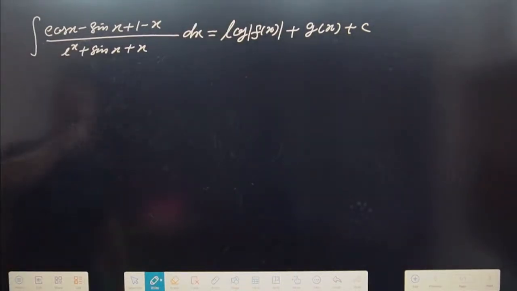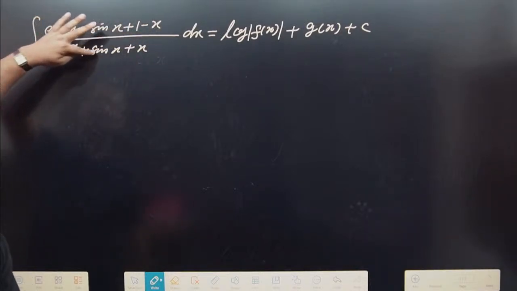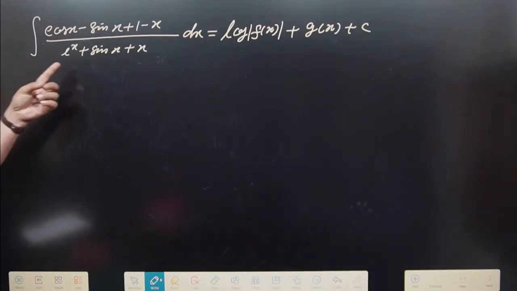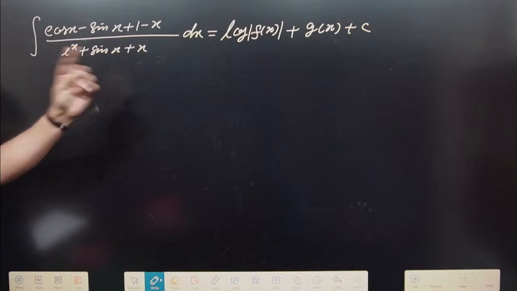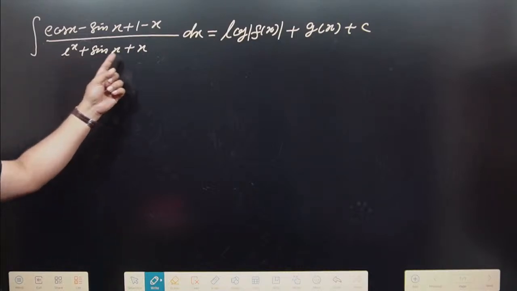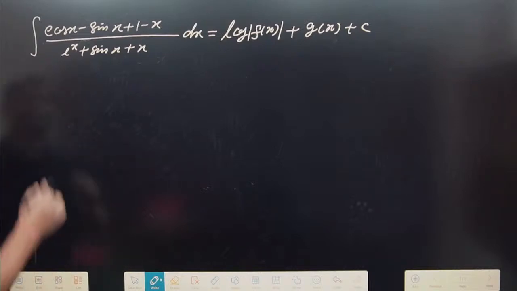Look here, the question is cos x minus sin x plus 1 minus x divided by e to power x plus sin x plus x. Simply look here, e to power x.